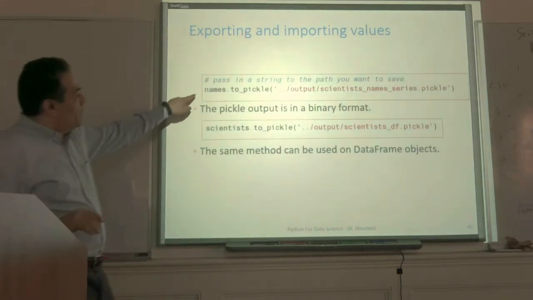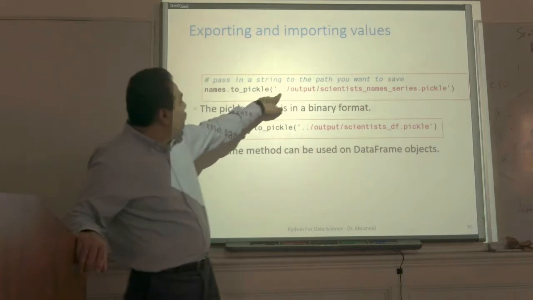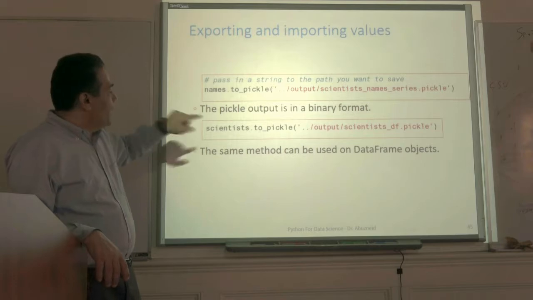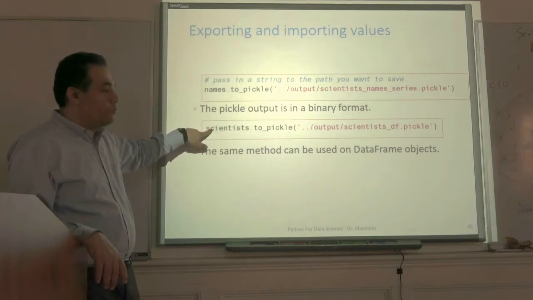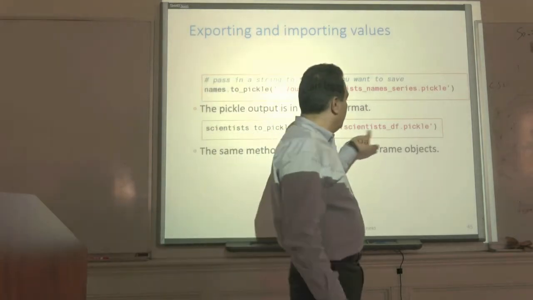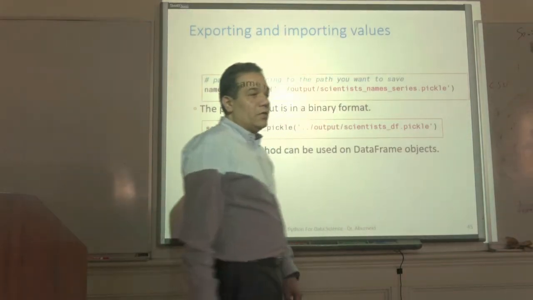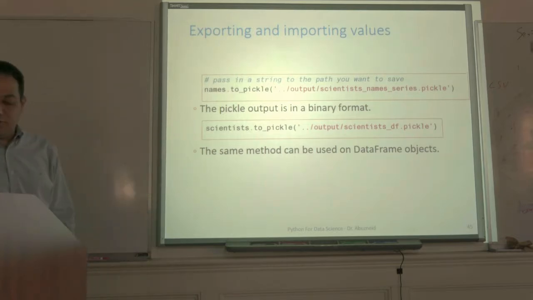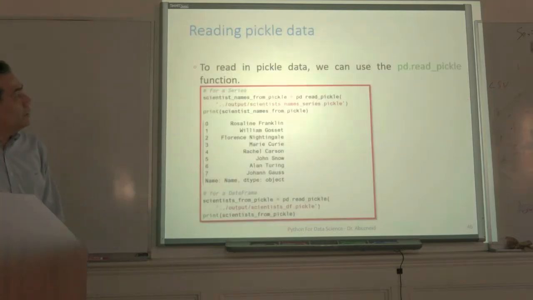So I'm saving names to a pickle, and scientist. What is scientist? It's a data frame. I'm also pickling it, saving it in a binary file. The same method is used for both series and data frames.